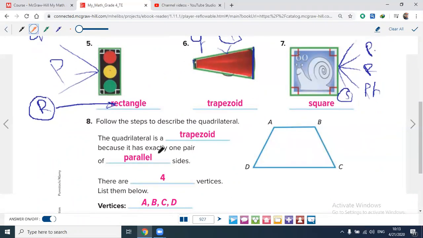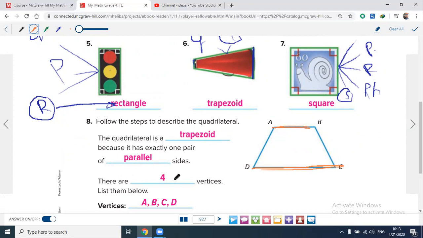Because it has exactly one pair of parallel sides: side AB is parallel to side CD. Only these two sides are parallel, so it will be a trapezoid.